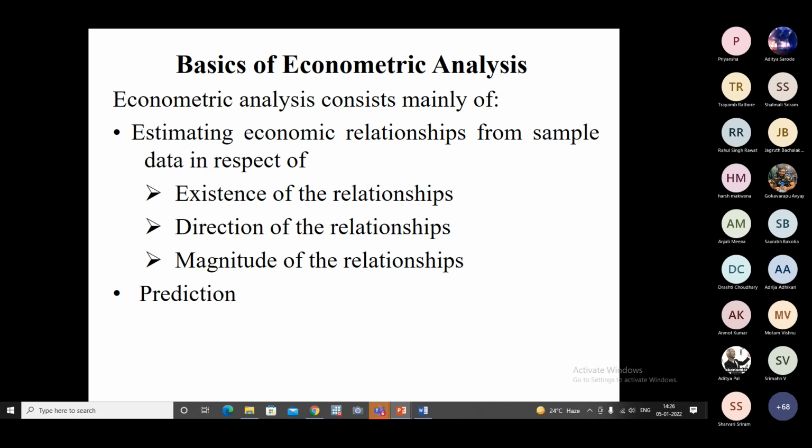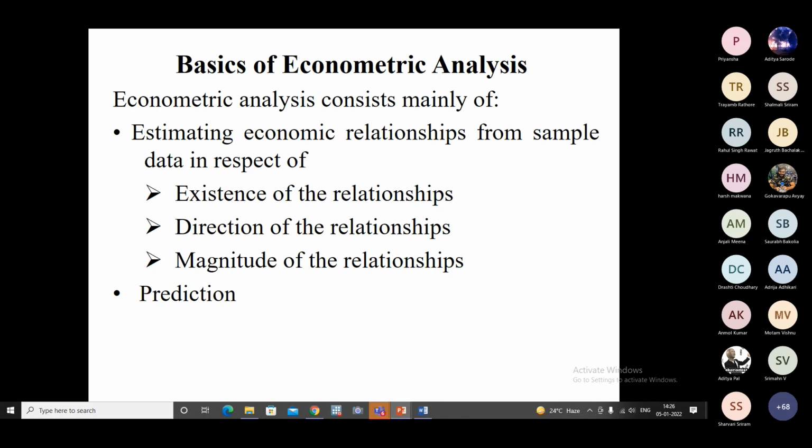And here we will be focusing on three aspects, whether the relationships exist. Second one is the nature. Third one is the magnitude. When I talk about existence of the relationships, it would be basically understood in terms of statistical significance of the coefficients, slope coefficients.